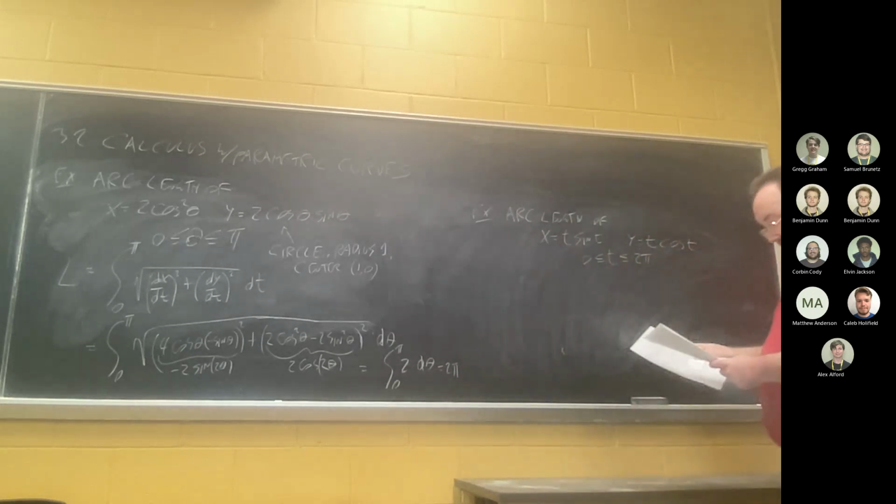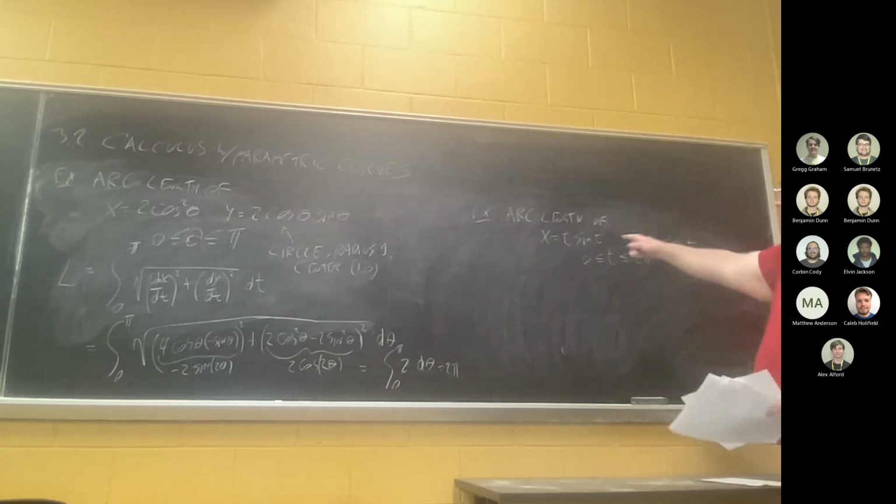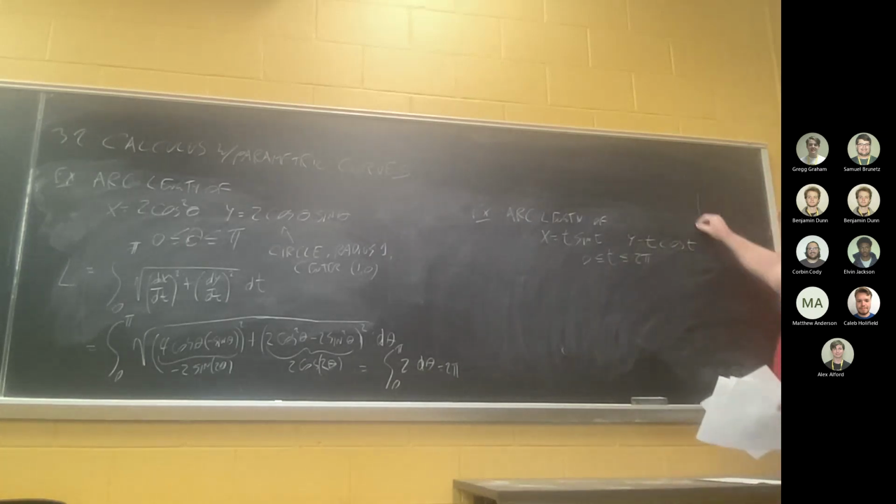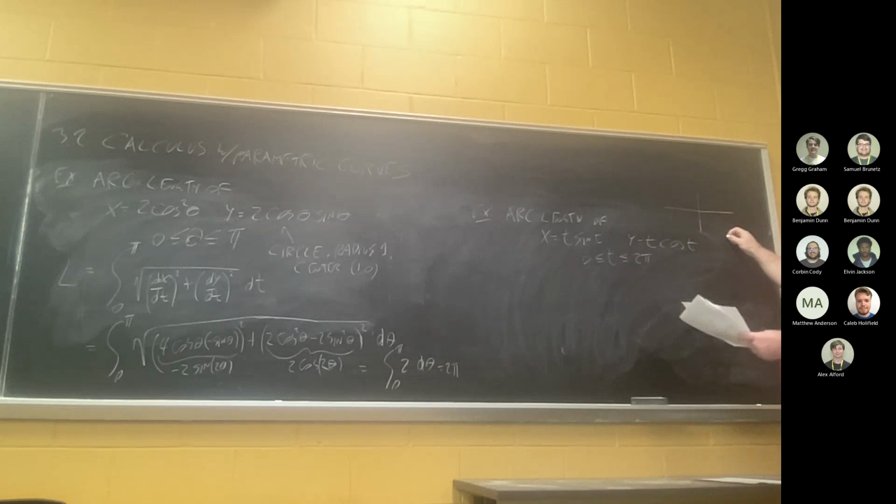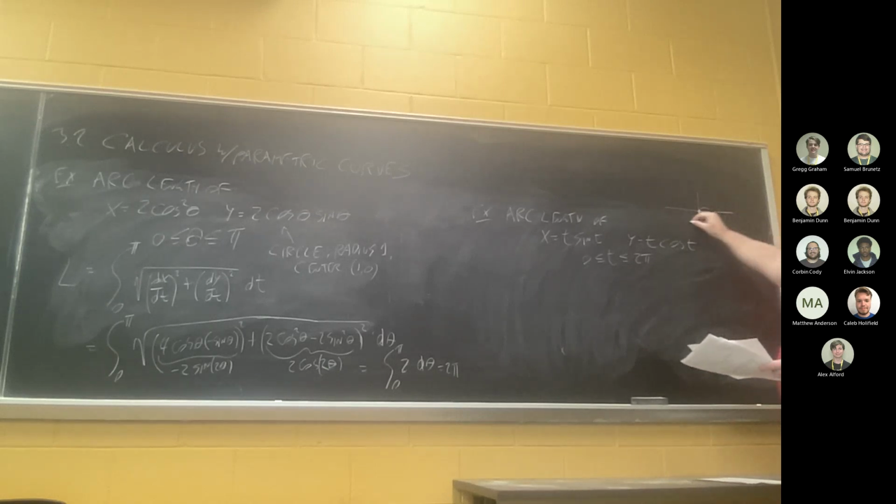Now, the way this curve behaves, because of a factor of t in both the x and y, initially we're at the origin at t equals 0, and it spirals out.